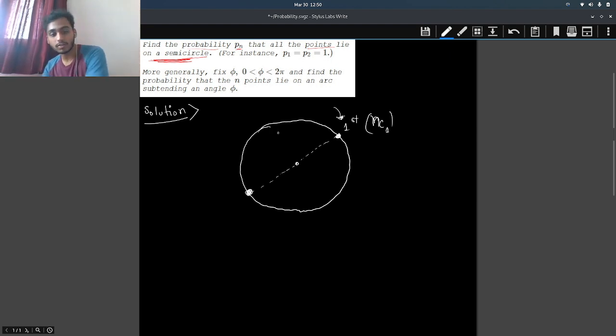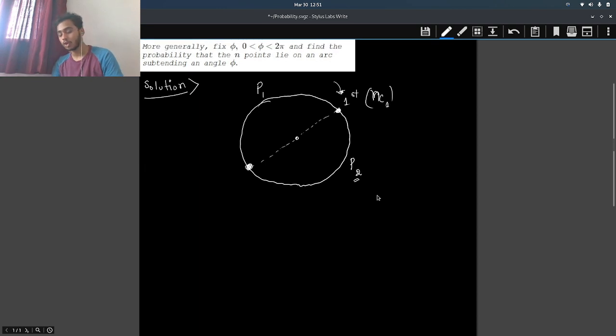Let the probability that all the points are in this semicircle be P1, and in this semicircle be P2. It is quite obvious with symmetry that P1 will be equal to P2.